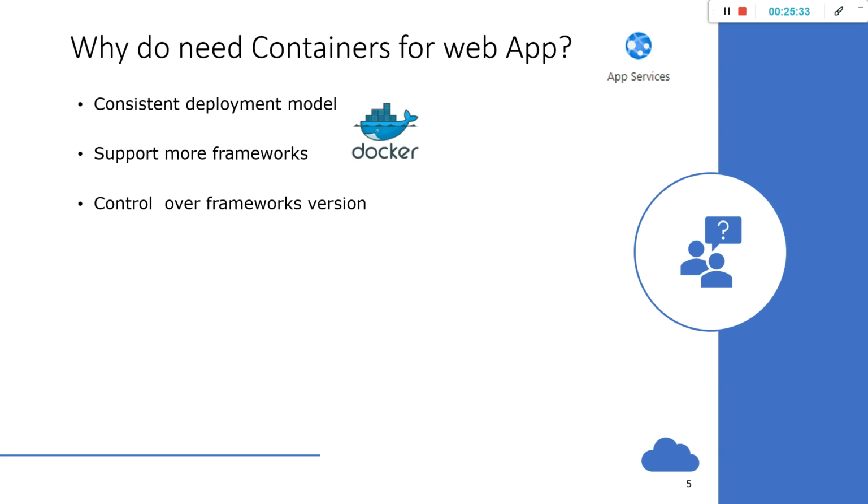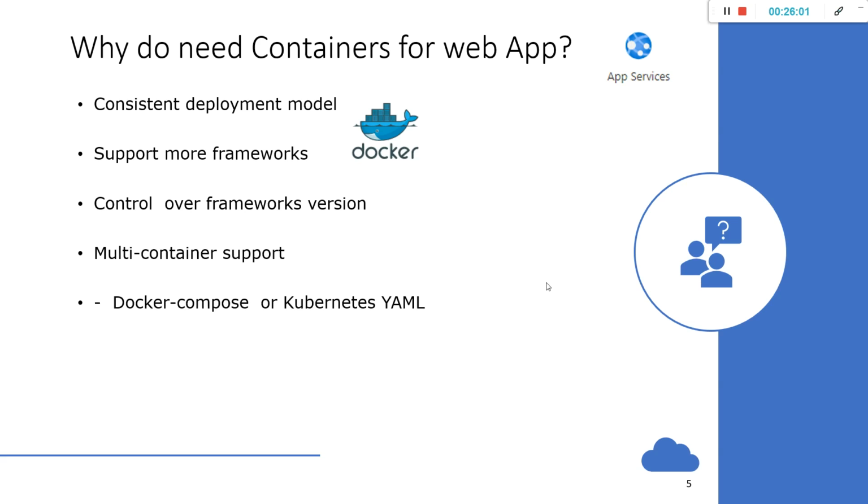We need to select the version for each App Service. So the App Service plan will support only those kinds of apps, either web app or function app, which are running on a particular version. But if you build the Docker image, we no need to worry about framework versioning. Just build the Docker image and run the image.